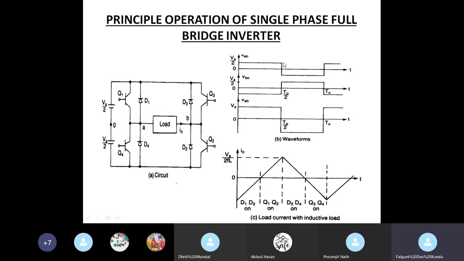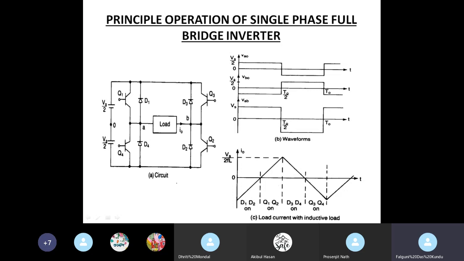This is an inverter, which converts the DC to AC, so that's why this is a constant square wave. We can say that this is for the positive half and this is for the negative half. The total supply voltage V is nothing but the summation of these two voltages.